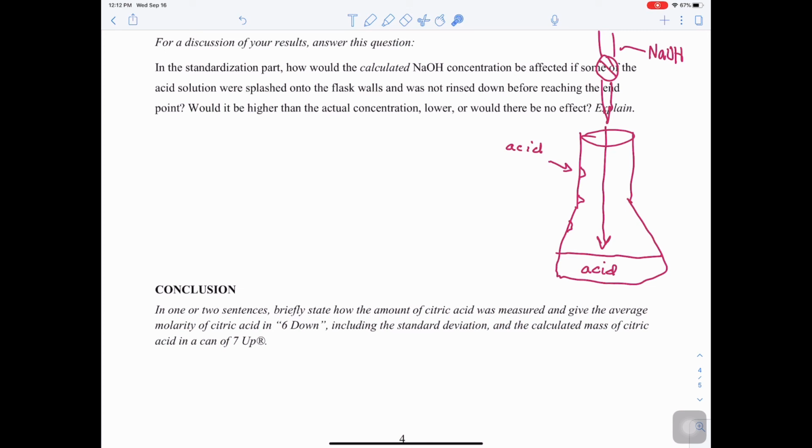And it's important to learn how to think about these possible errors so that if we have a result that does not come out as we expected or comes out to be definitely wrong compared to a known standard, we need to be able to think about what could possibly have gone wrong. And so we need to be able to answer questions like this, where we identify, well, this is a possible error. Would it make my calculation high or low?